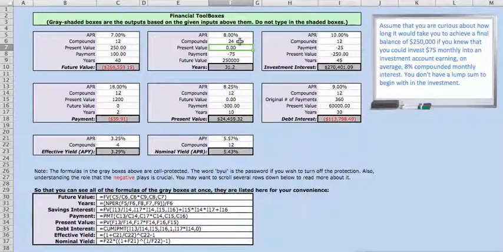So twice as many payments, compounding twice as fast, would take less time to reach your target. If you really got dramatic and put in 365 compounds, you must remember that also implies 365 daily payments of $75 each, and so dramatically the number of years would shrink to 6.9.